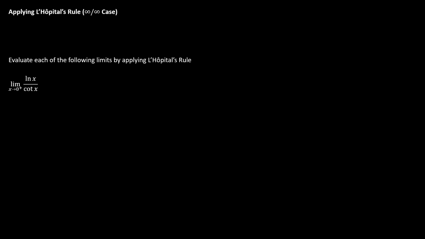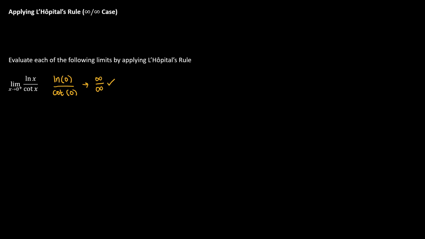ln x, the natural log function, has a domain restriction where x is not allowed to be 0 or smaller. And so we can't actually evaluate our function left of 0, which is why we're only approaching 0 from the right and not from both sides. First thing we need to do is check that we do truly have an indeterminate form.